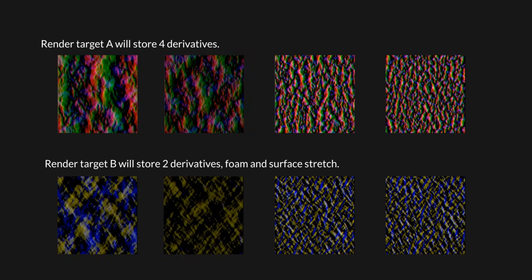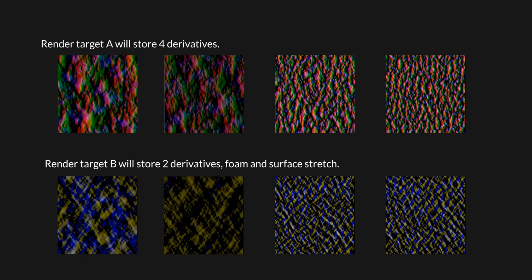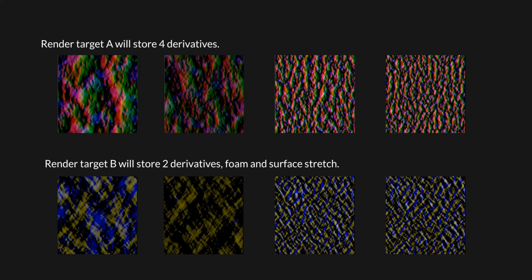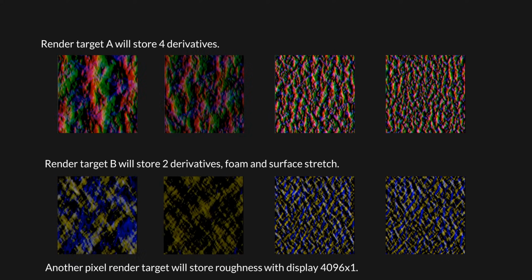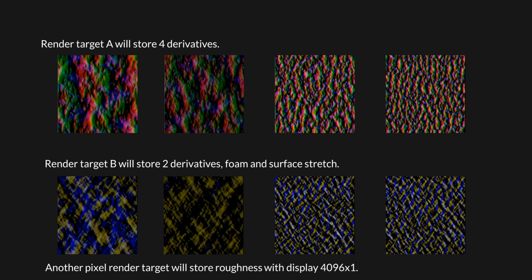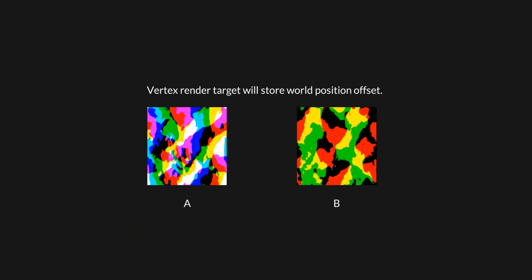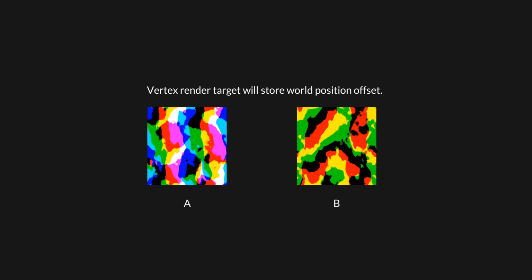Render target A is used to store 4 derivatives, while render target B holds 2 derivatives along with representation of foam and surface stretch. An additional pixel render target is used for capturing roughness. 2 vertex render targets are used in our simulation to store world position offsets.